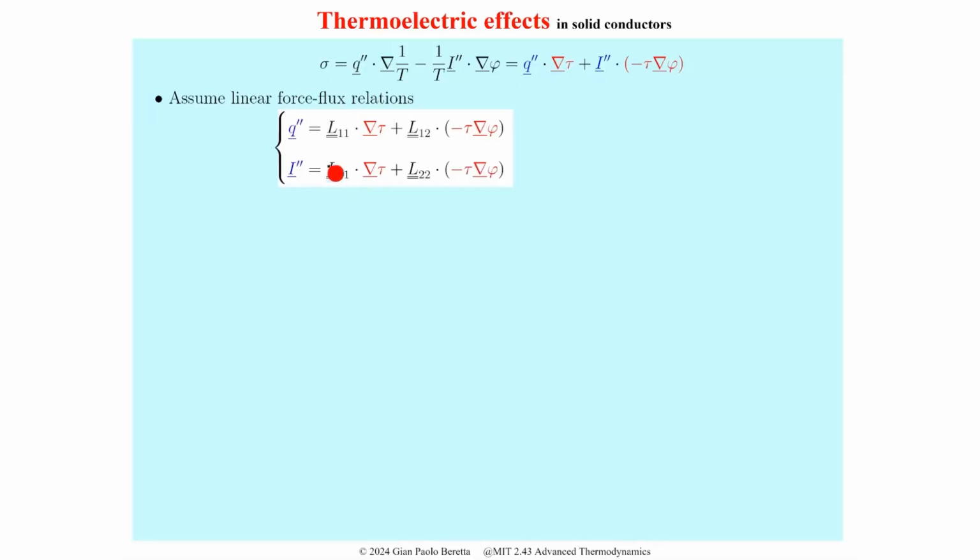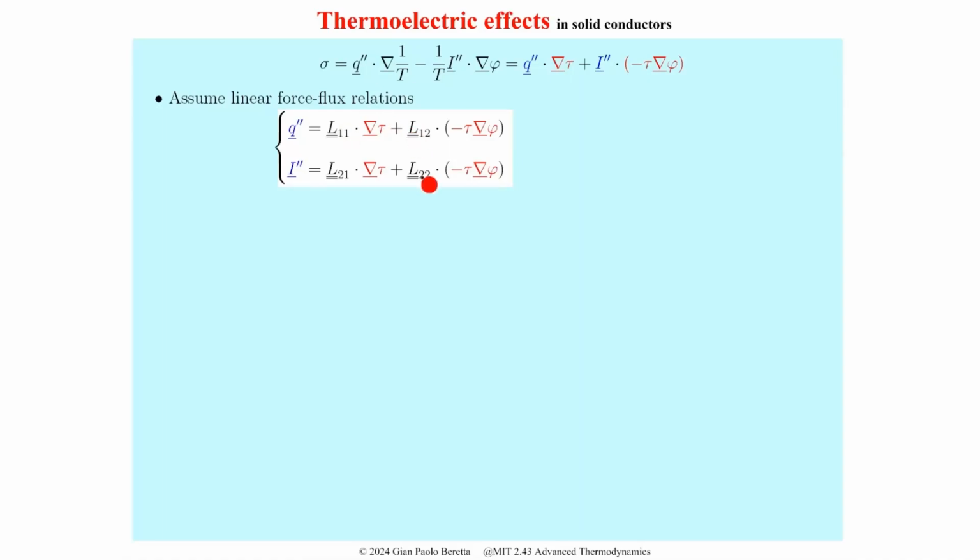Actually, in this slide, these are tensors. Because if you remember, suppose we had only Fourier law. Fourier law is a linear relation between the heat flux, which is a vector, and the gradient in inverse temperature, which is also a vector. And the most general relation is through a tensor, which is the conductivity tensor, K double underline, that we have already discussed, and which is symmetric by the Onsager principle.